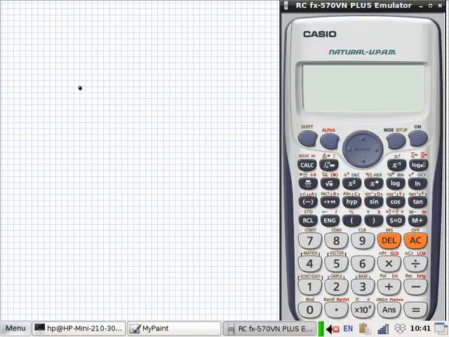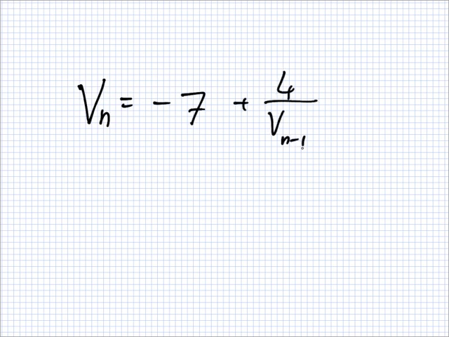Vn equals minus 7 plus 4 over Vn minus 1. I think this sequence is convergent, and my logic is this, okay? If it was divergent, then V should be big at some point eventually, right? So I don't think this sequence is compatible with having big values. Why?